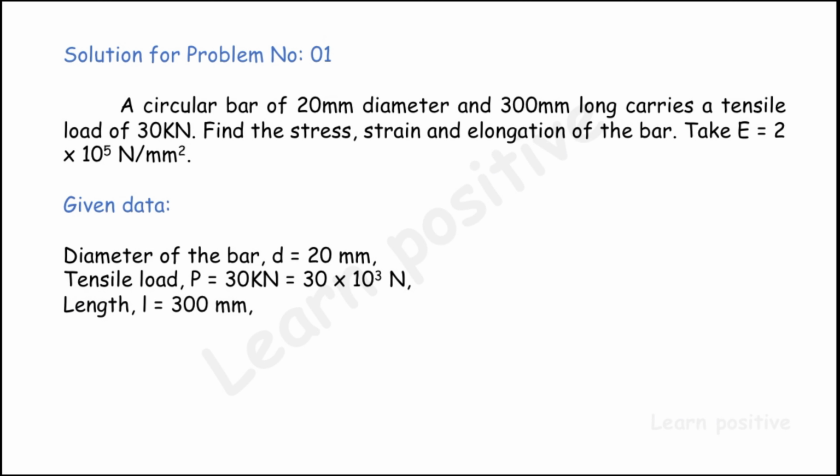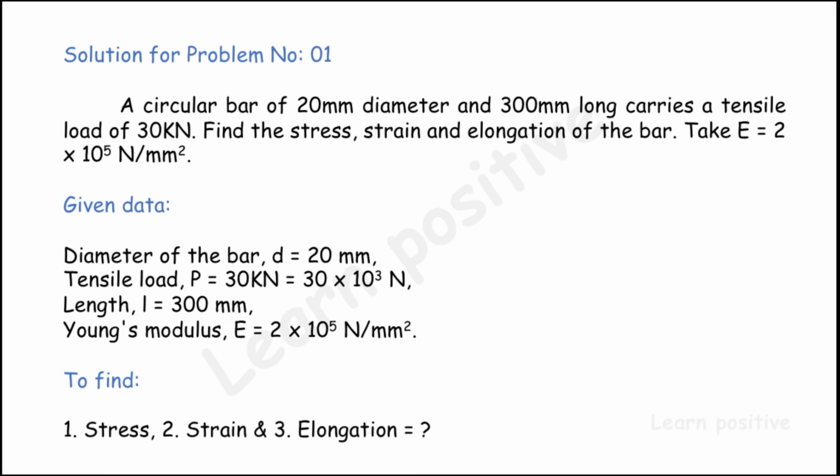The next one is length L, small l, that is 300 mm, and the Young's modulus capital E equal to 2 into 10 to the power of 5 Newton per mm square. And we are going to find the stress, strain and elongation of the circular bar.